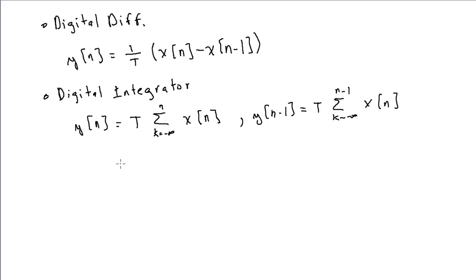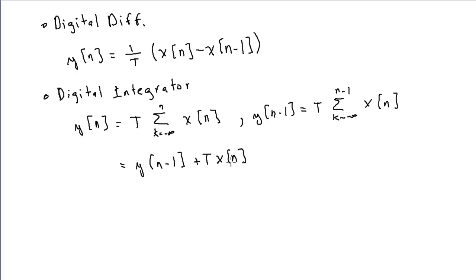So I can write y of n, which is a sum from k equal minus infinity to n, as a sum from k equal minus infinity to n minus 1, which is y of n minus 1, and then just plus my current sample, T times x of n.